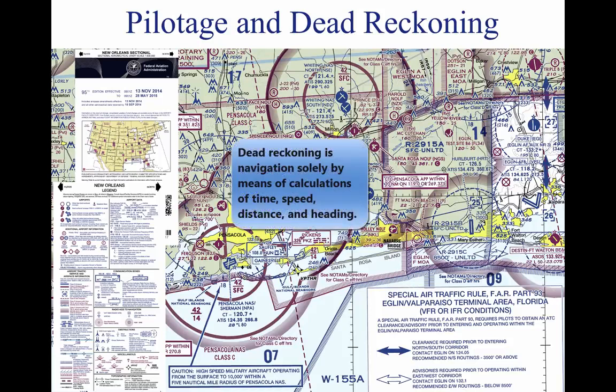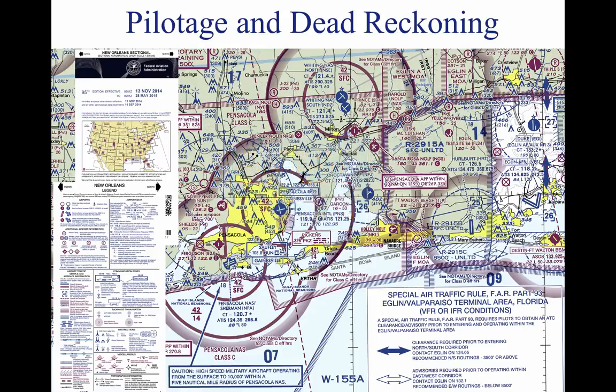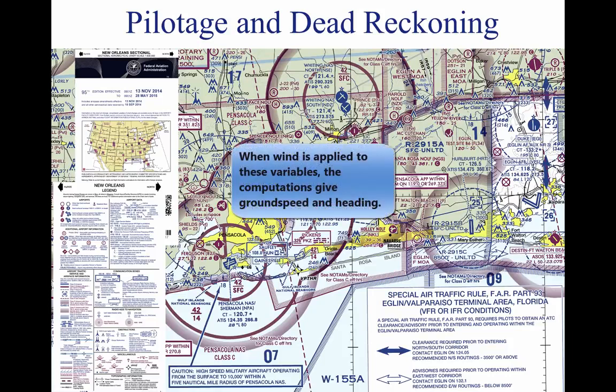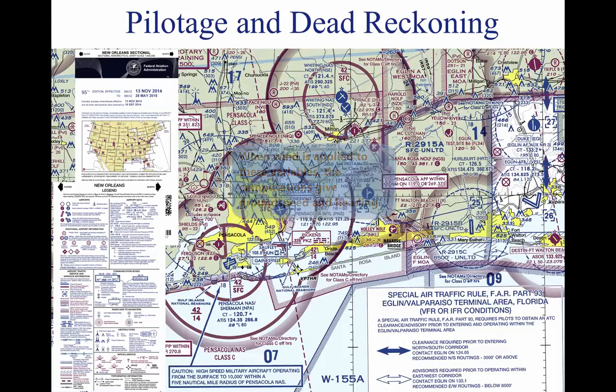Dead reckoning is navigation solely by means of computations based on time, airspeed, distance, and direction. The products derived from these variables, when adjusted by wind speed and velocity, are heading and ground speed.